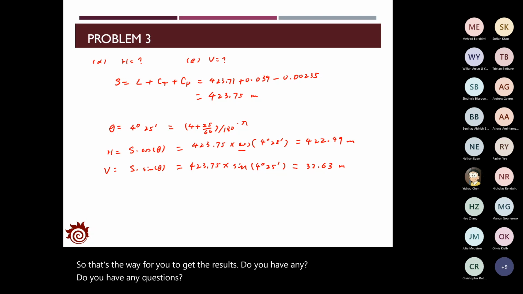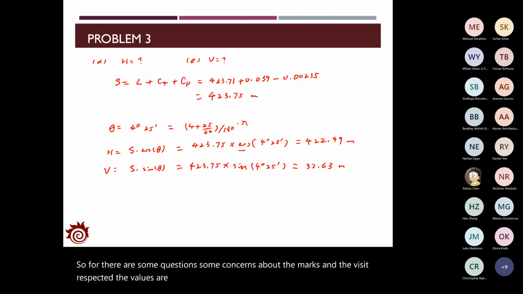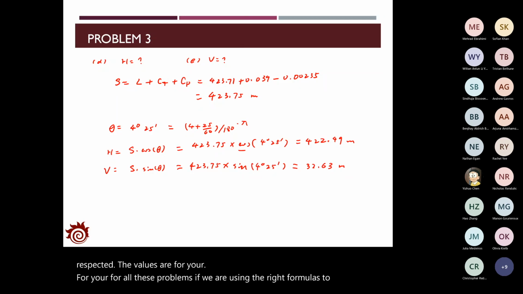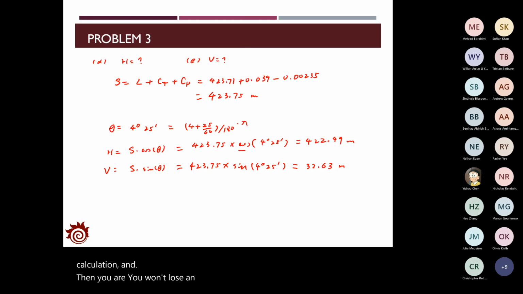There are some questions, some concerns about the marks with respect to the values. For all these problems, if we are using the right formulas to do the calculation, then you won't lose much.